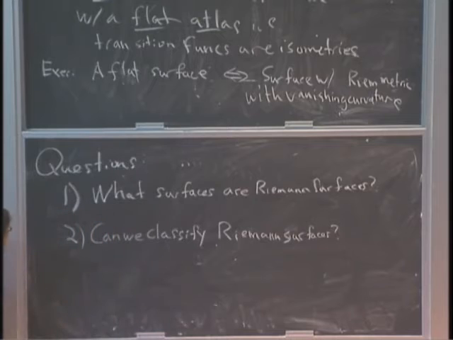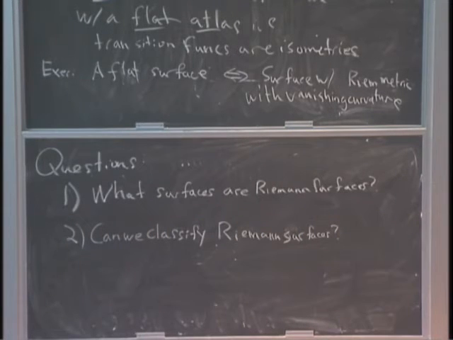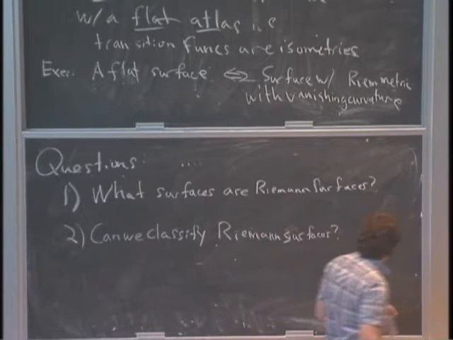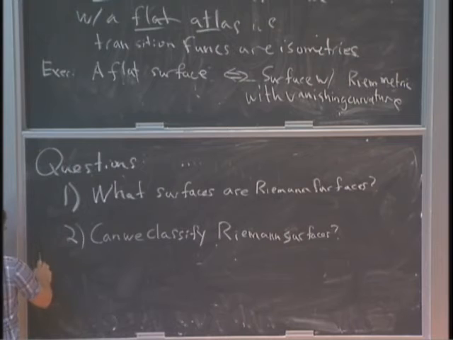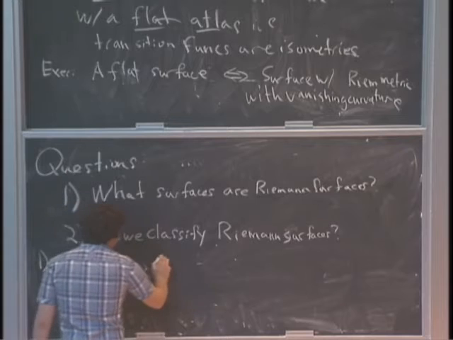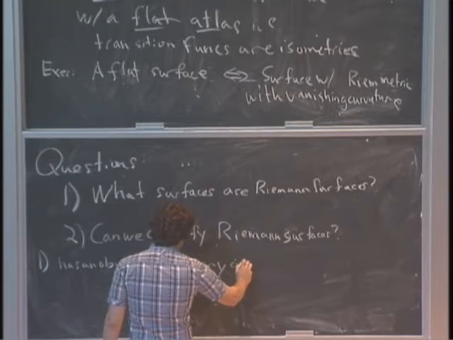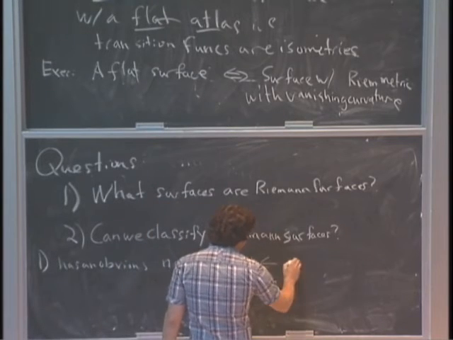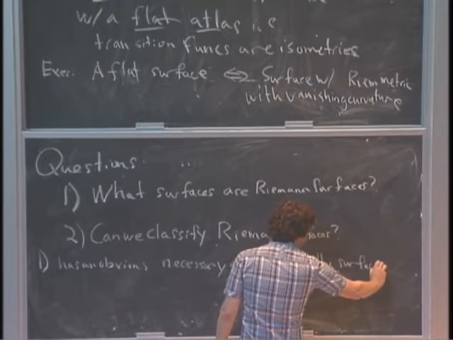The first question, as we've already seen by this observation, a holomorphic map automatically preserves orientation. So that means a holomorphic atlas is an orientable atlas. So one has an obvious necessary condition: that the surface is orientable.